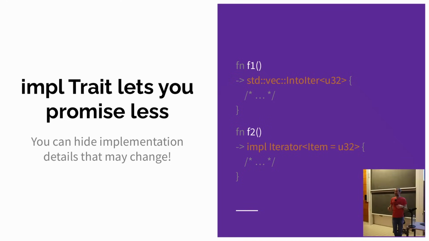The second one might actually return the same type, but the only thing it promises is that the thing that is returned implements Iterator over u32s. This means that if in the future you wanted to change the implementation of this function to, let's say, iterate over a BTreeSet or something, you could do that without it being a breaking change. You could not as easily do that with f1.